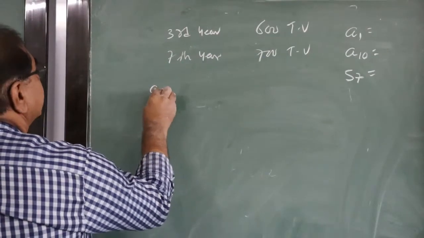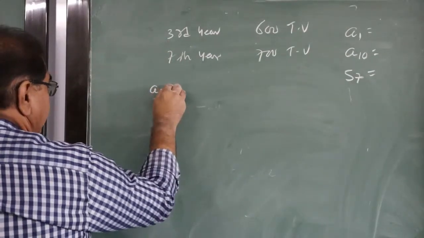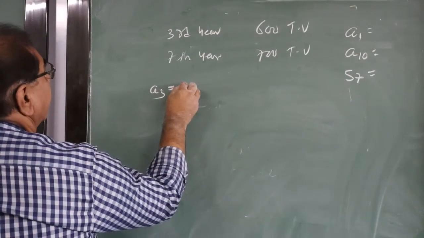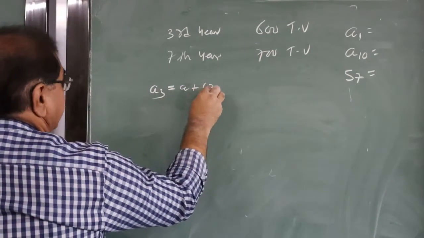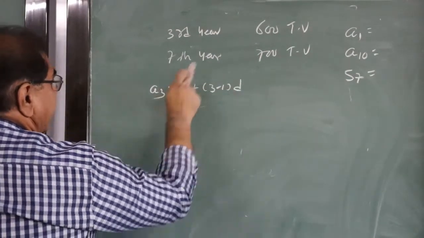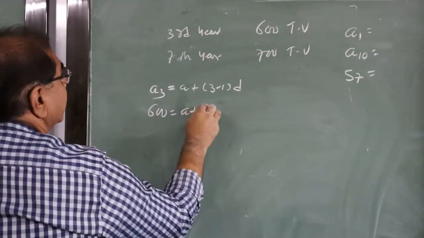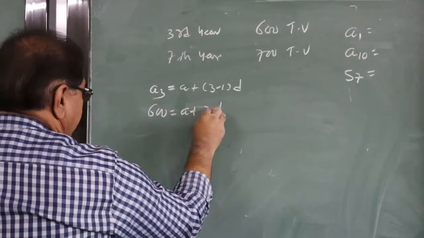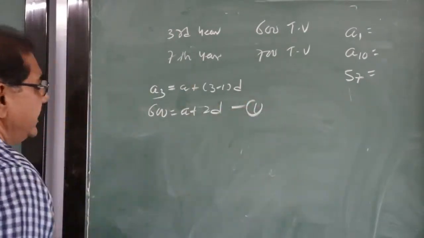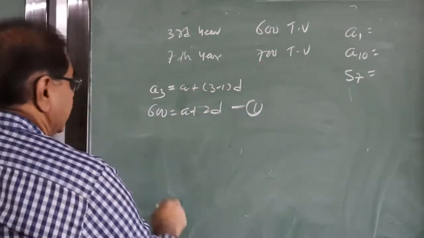third year means A3 is equal to A plus (3 minus 1) into D. A3 is 600, so 600 is equal to A plus 2D. It is your first equation. In the same way we go for the 7th year.